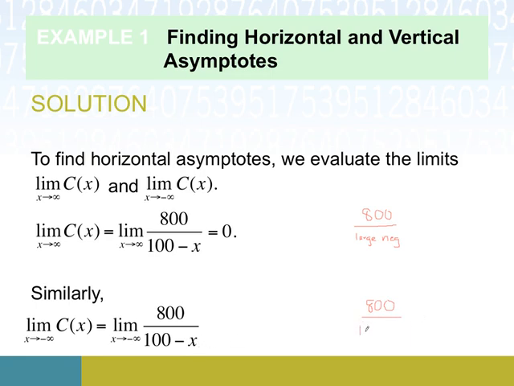It's still a large number, this time in the positive direction, but that's actually the same result. If we take 800 and divide by a billion, then a trillion, and then a quadrillion, these numbers are getting closer and closer to 0. These numbers don't have to agree for any given function, but for this cost function, both out to positive infinity and negative infinity, the outputs for the limits are 0.